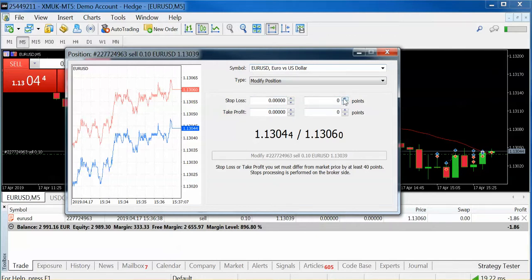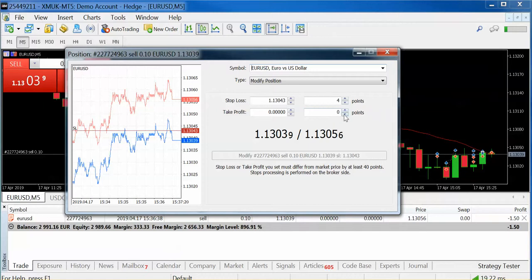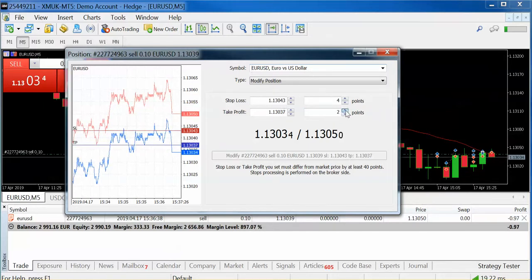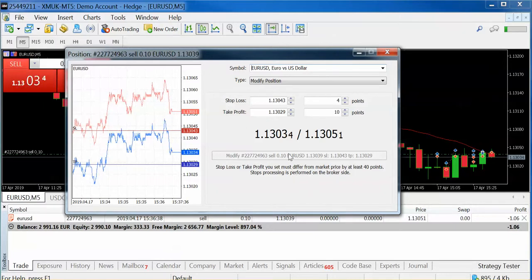Let's say we're going to risk 4 points, and we're going to take profit at 10 points. So let's move this up to 10 points.